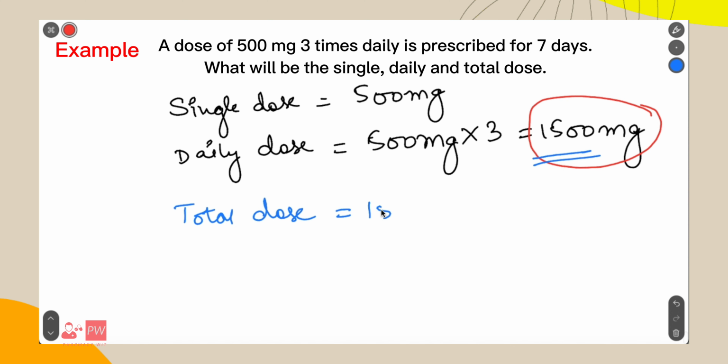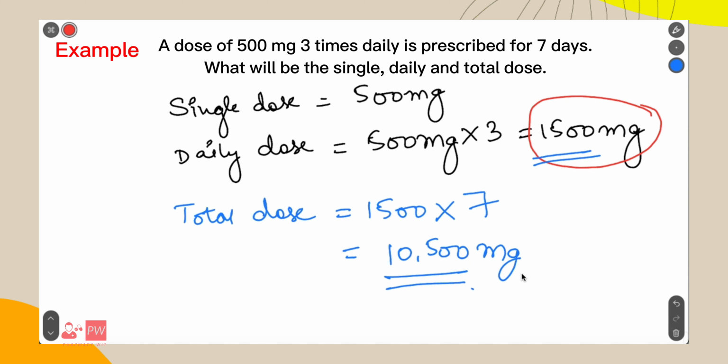So how do you calculate the total dose? 1500 mg of the dose is prescribed to the patient for 7 days, so you have to multiply it by 7. What will you get? That is 10,500 mg. So this will be the total dose prescribed to the patient.